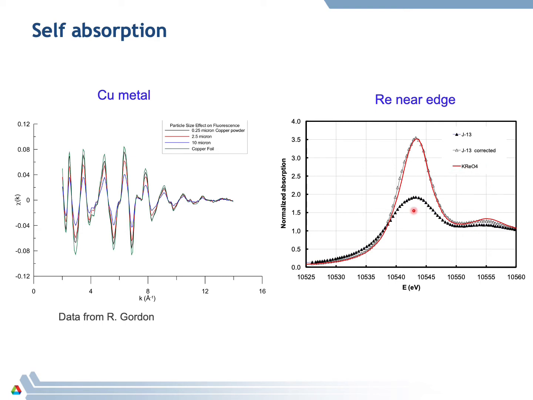And if we assumed an infinitely thick sample of this composition, we were able to correct the data and kind of verify that that's really what was there. And this correction is built into this Athena program that you'll be getting lectures on later.